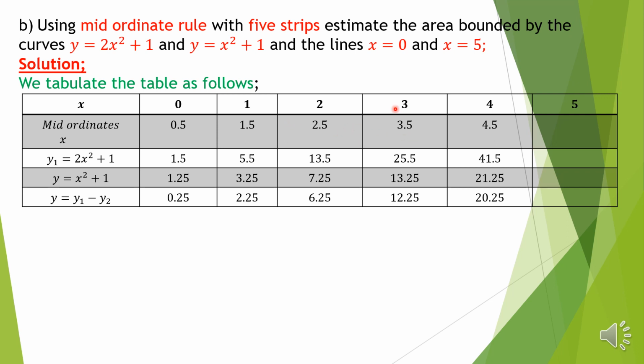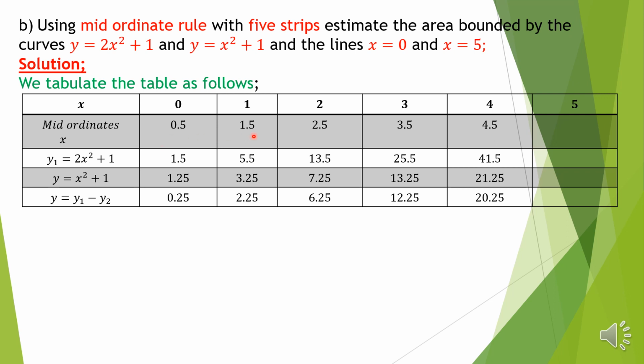And between 3 and 4 is 3.5. And between 4 and 5 is 4.5. So these values, that is 0.5, 1.5, 2.5, 3.5, and 4.5, are therefore referred to as the mid-heights.